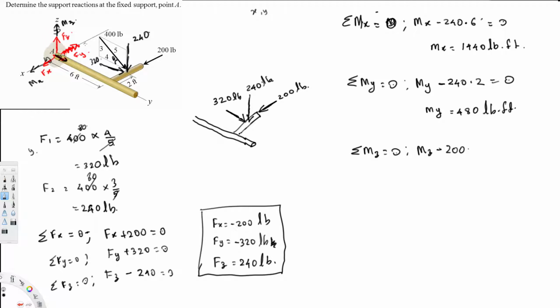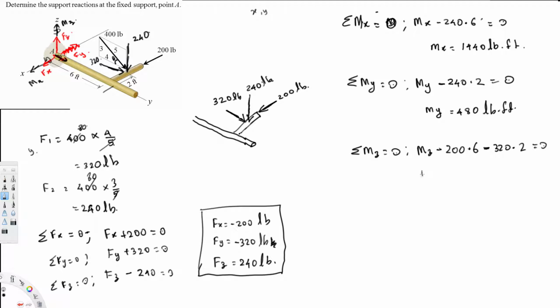And the other one, 320, is also pushing this object in the clockwise direction, so it's going to be negative 320, and the distance is 2 feet from the origin, so multiplied by 2, equal to 0.